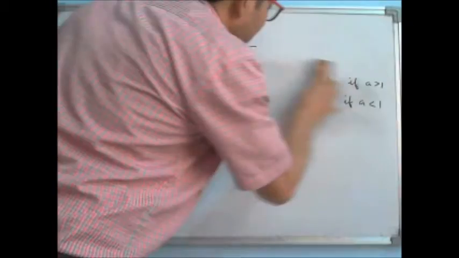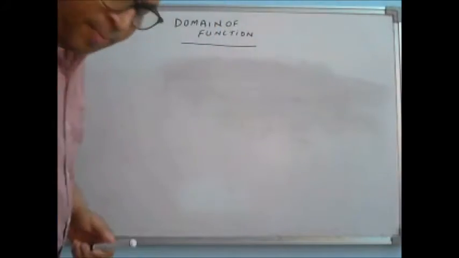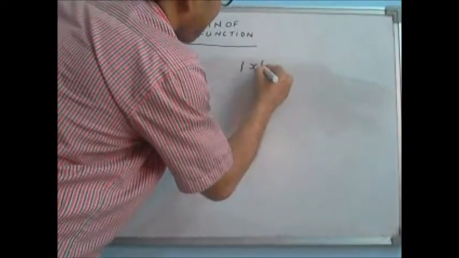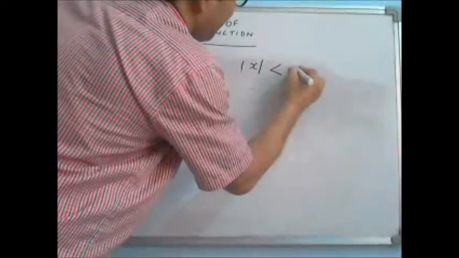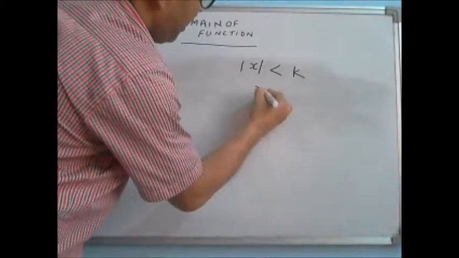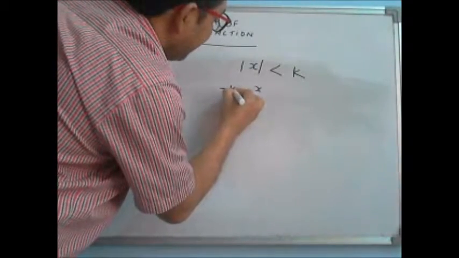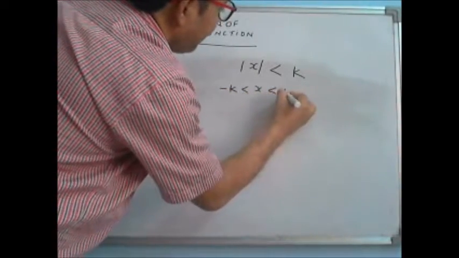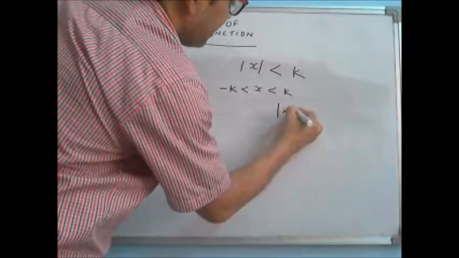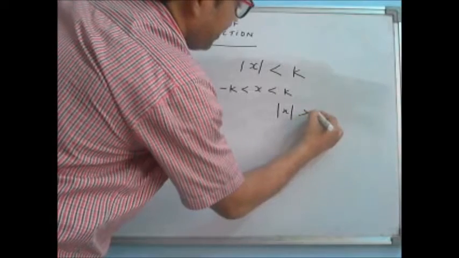Certain modulus inequations we will deal with. Suppose modulus x is less than k. What does this mean? x should be between minus k and k. Suppose modulus x is greater than k.